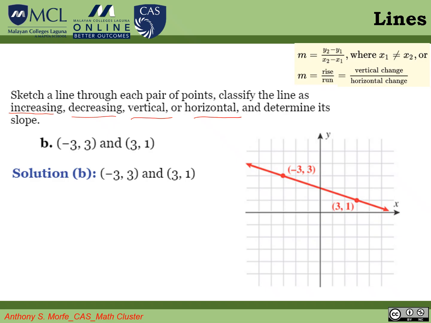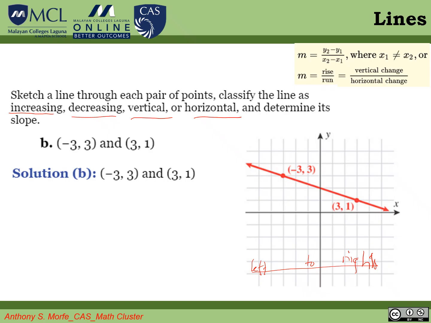We extended it, putting arrows on the ends. Then read the line from left to right. This is how to read it, left to right. If we do it this way, then we can see that the line is decreasing. So the answer here is the line is decreasing.